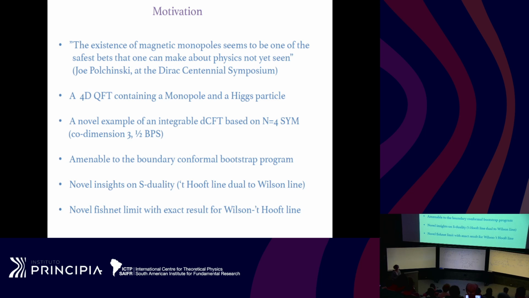So if our 't Hooft line is integrable, maybe we will learn something new about Wilson lines and S-duality. And finally, we have introduced a novel fishnet limit, in which we can at least obtain some exact results at strong coupling for a Wilson line in the background of the 't Hooft line.